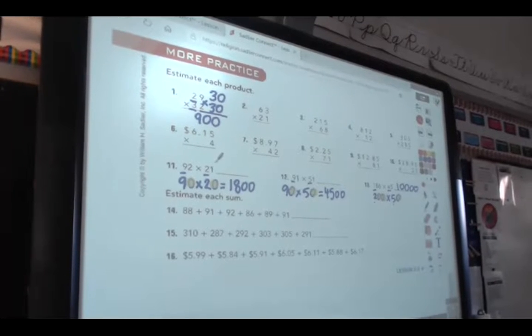Go ahead and try rounding number 2 next door to it, and then we will follow the rounding directions in a moment here.